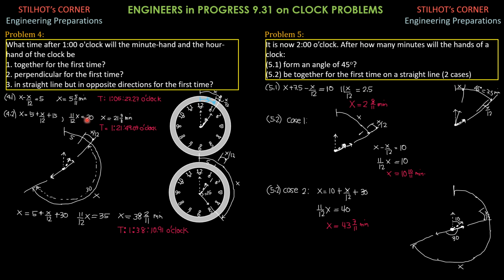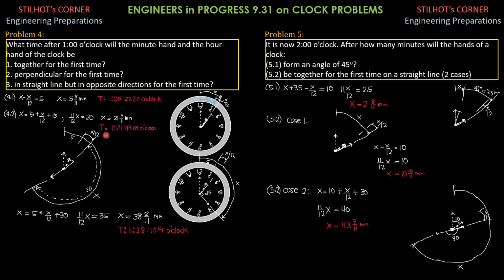Again, for common problems like this, x is always repeating non-terminating decimals, or it may be a whole number, but that's rare. Most often, the answer would be repeating non-terminating decimals. So that's the guide. In minutes, to be exact, x is 21 and 9 over 11 minutes. Then 9 over 11 minutes times 60, that would be 49.09 seconds.